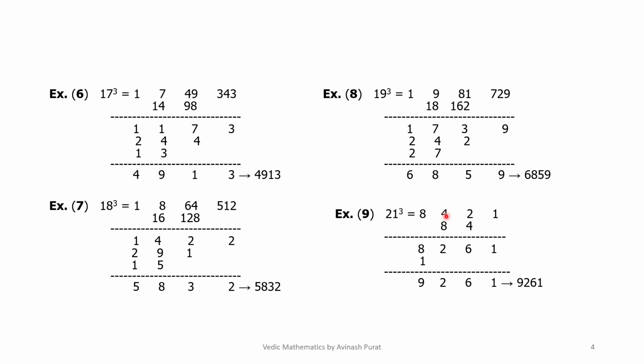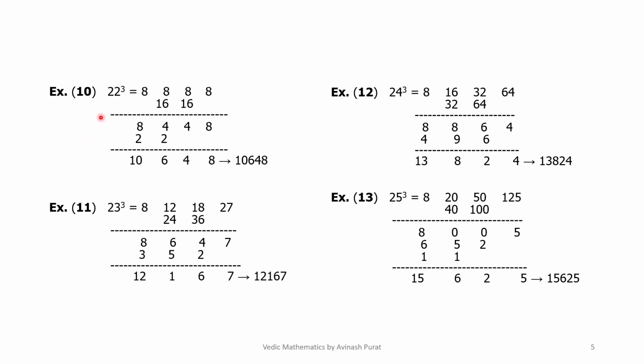Now 4 plus 4 multiplied by 2 is 8 and 2 multiplied by 2 is 4. So total 1, 2 plus 4 is 6, 4 plus 8 is 12, 2 is noted down and 1 is taken to the left, 8 is taken down. So the total is 9261. That is 21 cube is 9261.